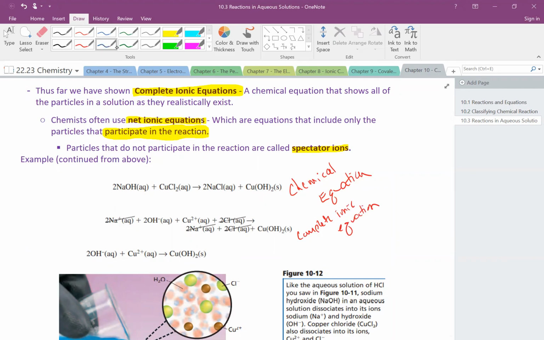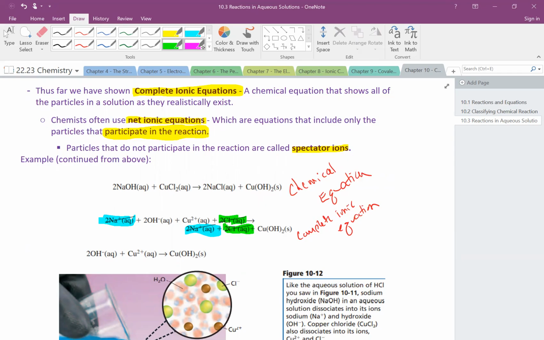And the key for this is substances that are the same in the products and reactants are crossed out. So your 2 Na+ ends on the products as 2 Na+. Your 2 Cl- ends as 2 Cl-. So since they are the same in the products and the reactants, they are considered spectator ions, and they can be removed when we write our net ionic equation.